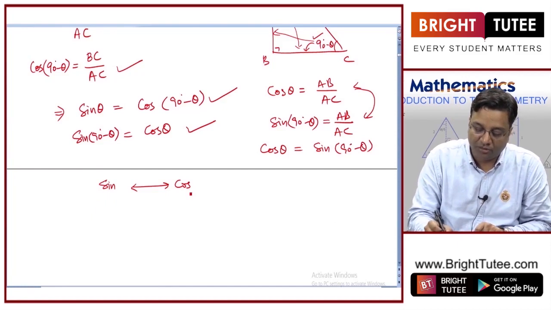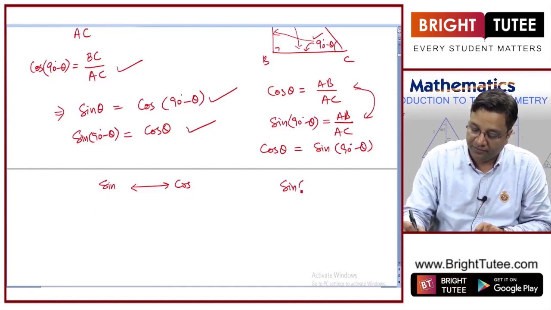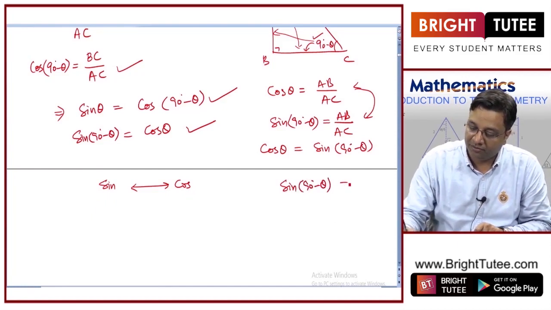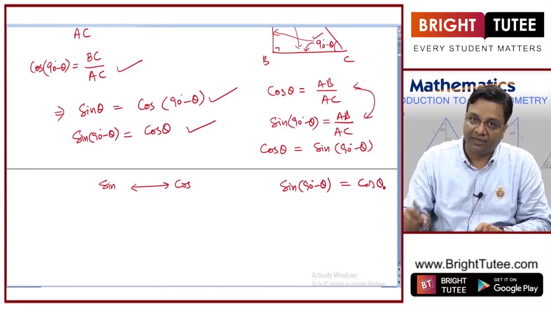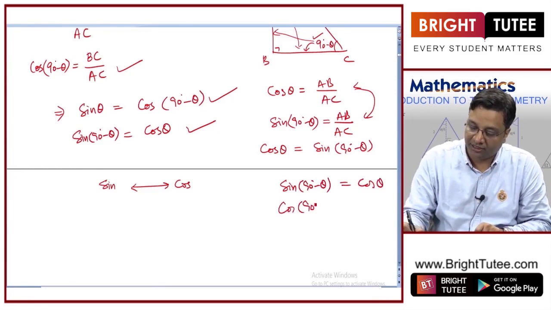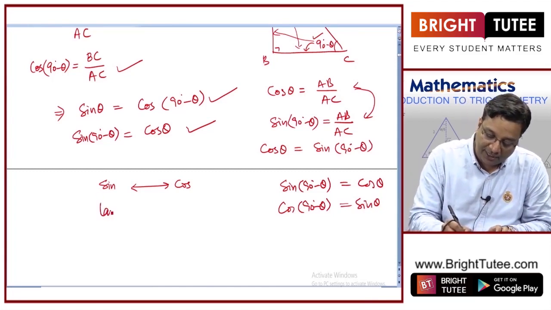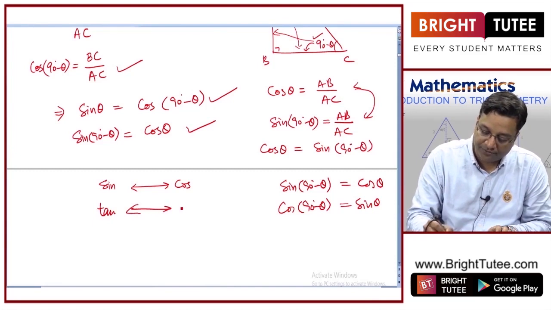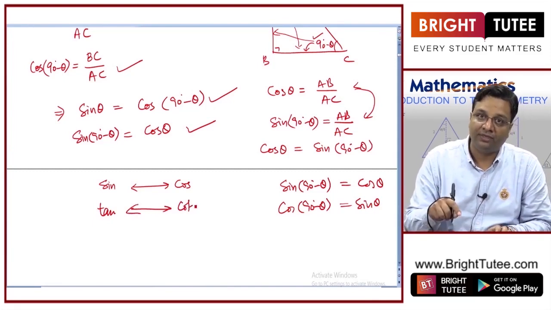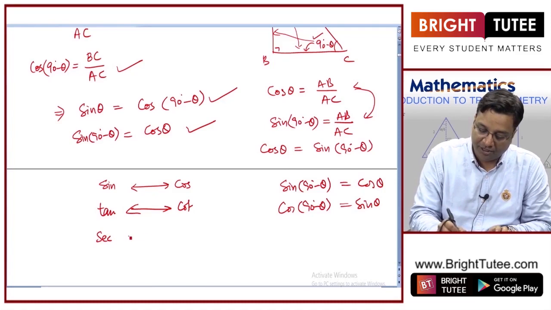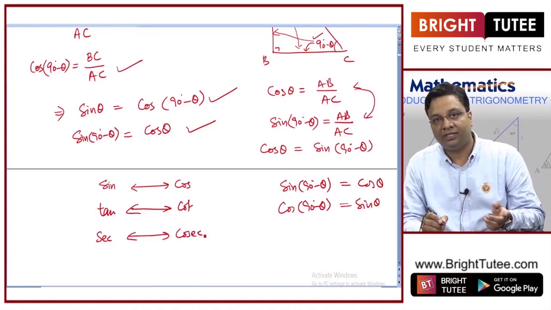Sin will get converted into cos. How? Sin 90 minus theta will become cos theta, and vice versa. Cos 90 minus theta will become sin theta, right? And in a similar manner, tan will become cot, and cot will become tan. Secant will become cosecant, and cosecant will become secant.